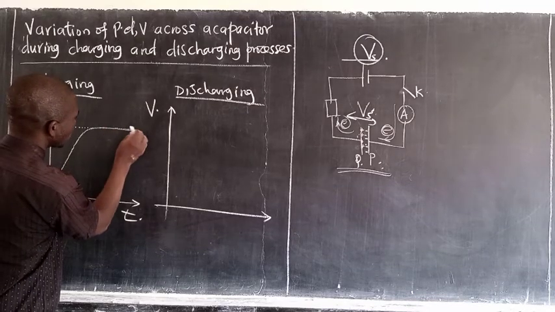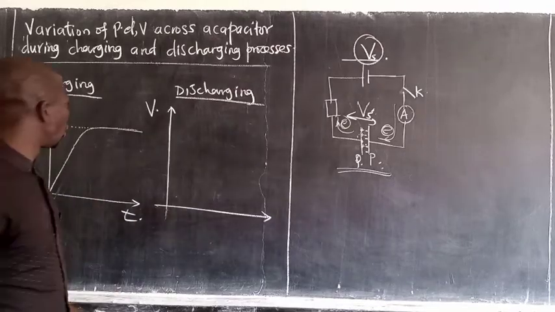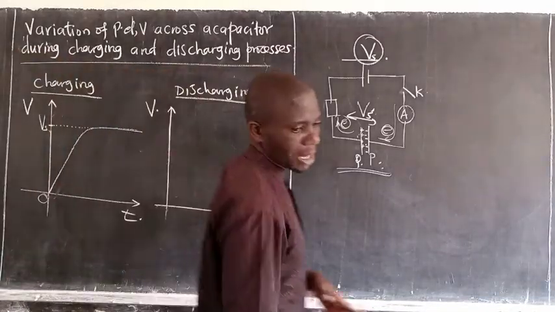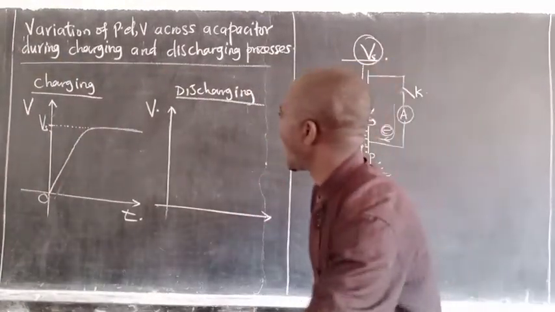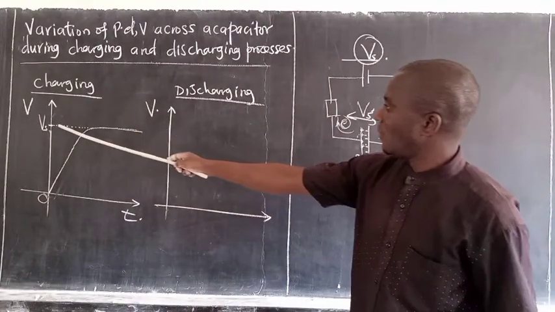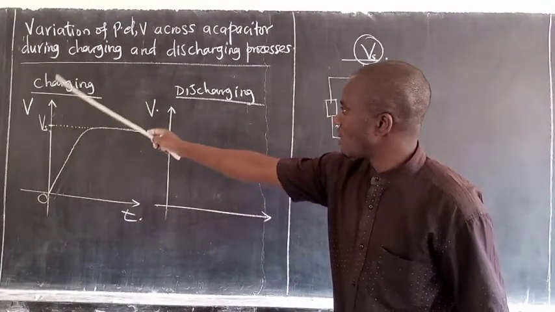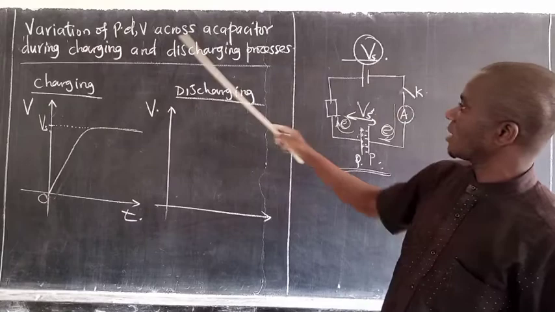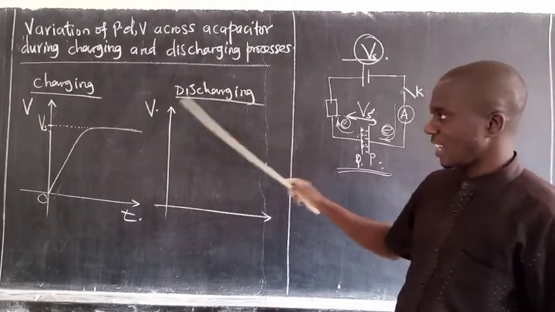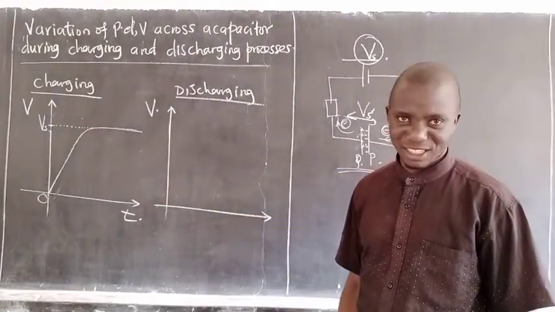It remains constant. No matter how long you leave it there, it will remain constant. So this is the variation of the PD across the capacitor plates during charging, and this is the charging process.